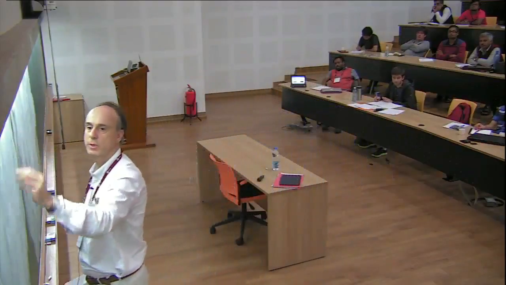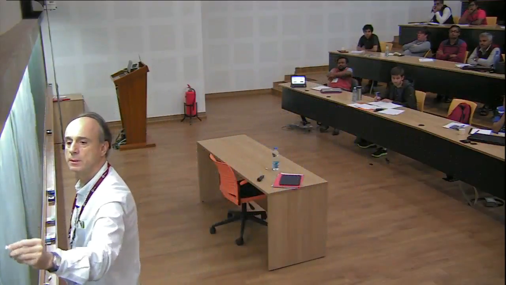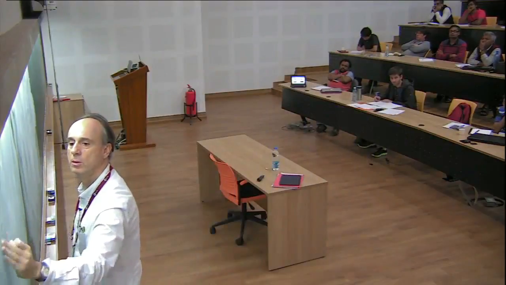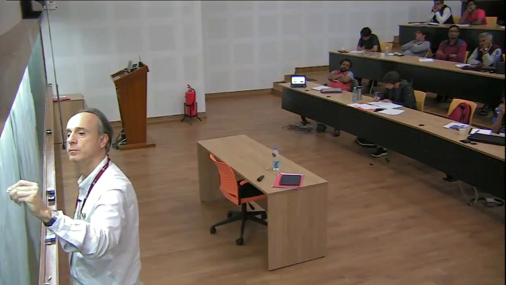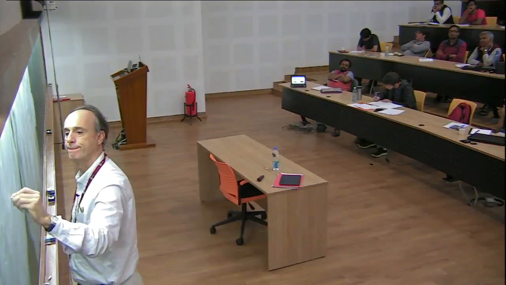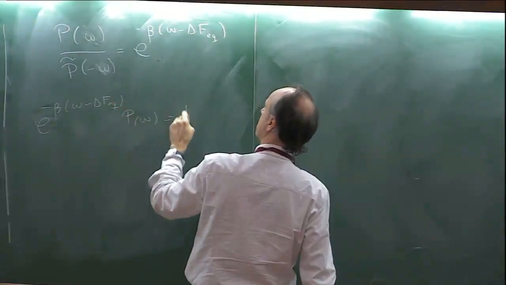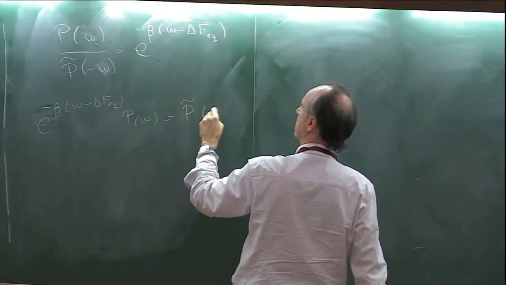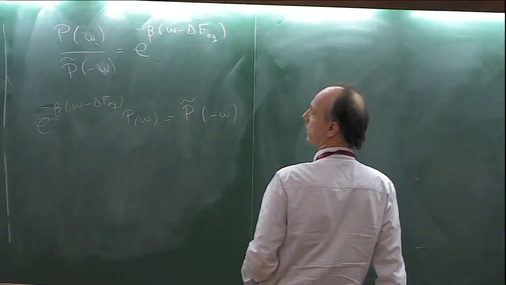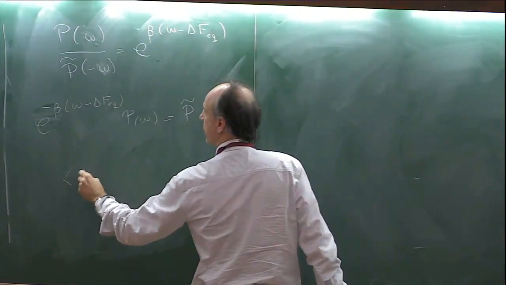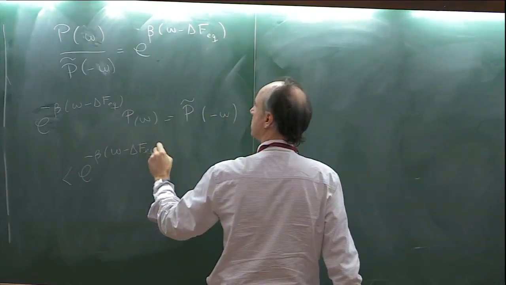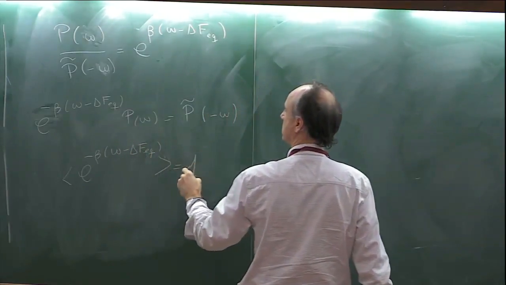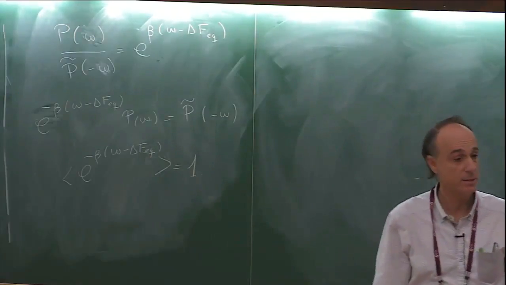For instance, from this theorem, if you take this here, and this to the right-hand side, and integrate over omega, you get that the average of this quantity is equal to 1, which is the Jarzynski equality.